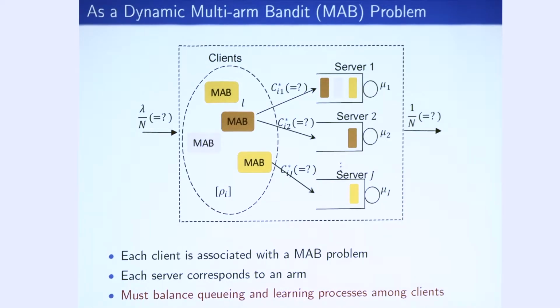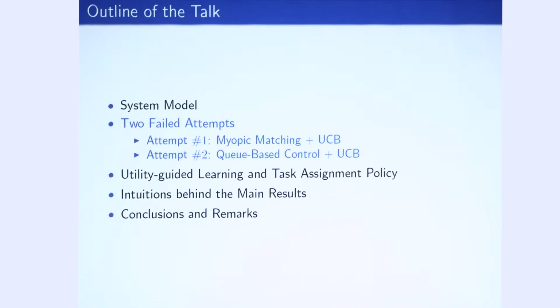Also note that there are only a limited number of opportunities to pull an arm at a given time because there's a service capacity constraint. So in some sense, the system needs to balance the queuing and learning process among different clients, since the different clients are competing for these opportunities to pull an arm. So that's essentially our system model.